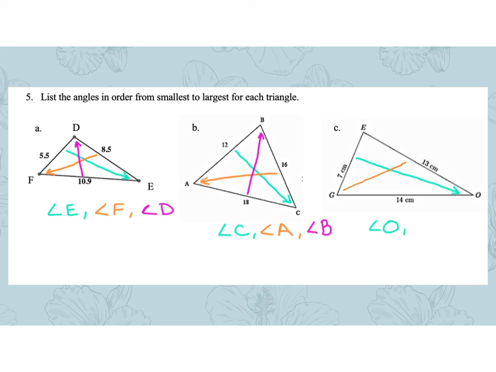So I'll draw an arrow across to its opposite angle. Angle G is our middle angle. And last, I want to find my longest side, 14 centimeters, side GO, and draw an arrow across to its opposite angle. Angle E is our largest angle.